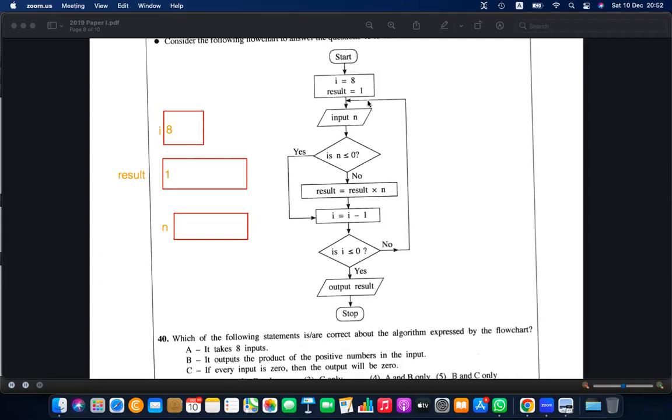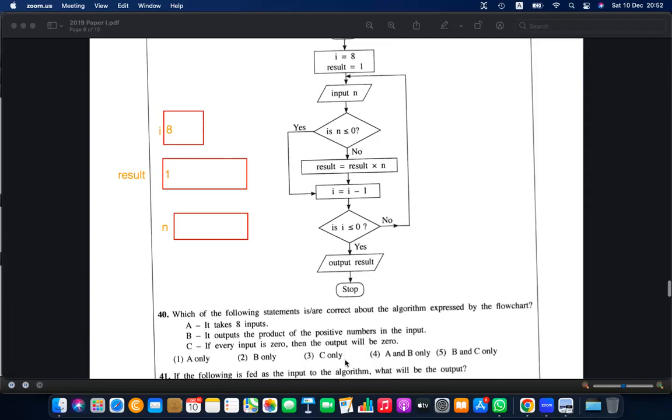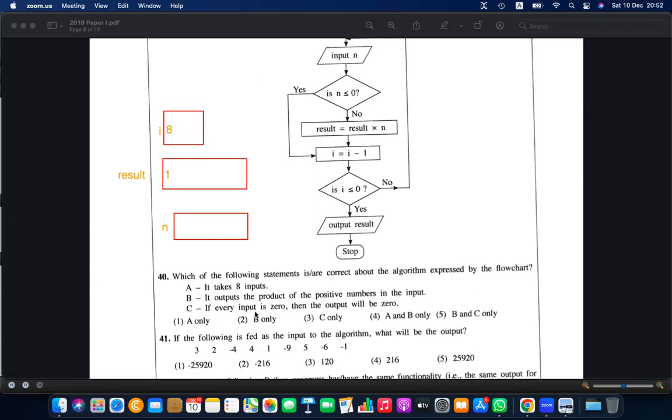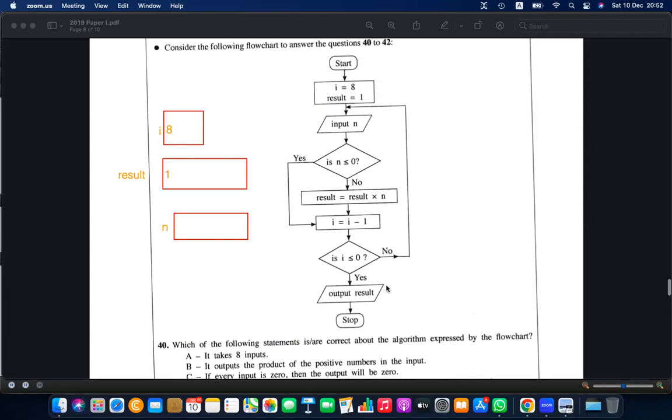If the output of the product is positive, it outputs the product of the positive numbers in the input. Very true. It outputs the product of the positive numbers. And if every input is 0, then the output will be 0? If the input is 0, it's not multiplying, but still the output is 1, right?